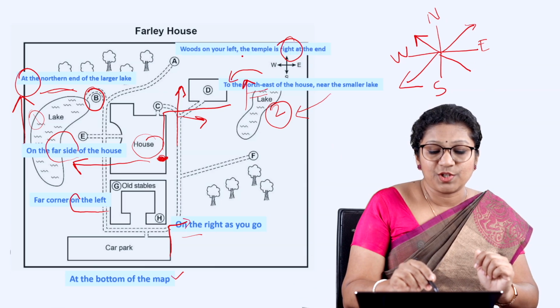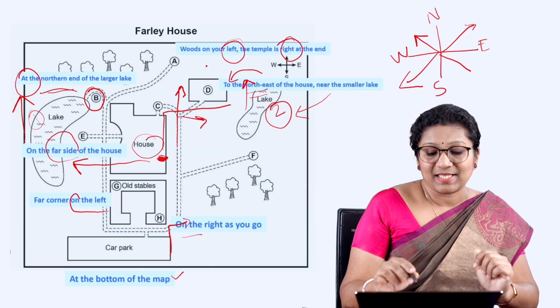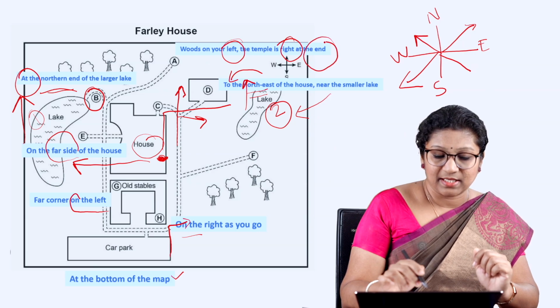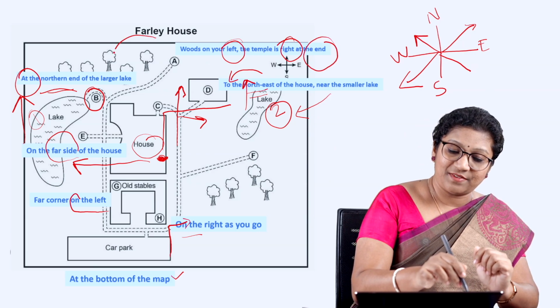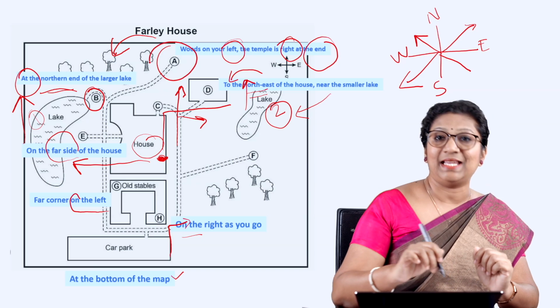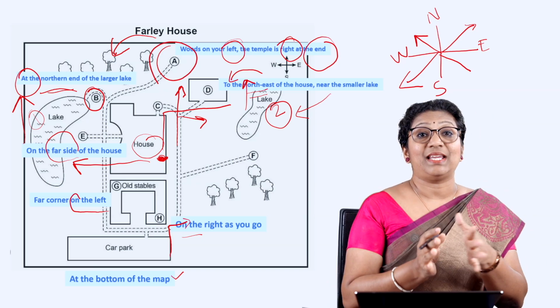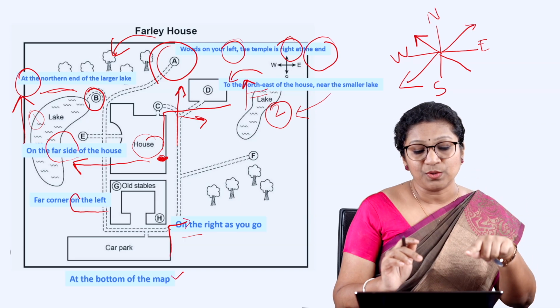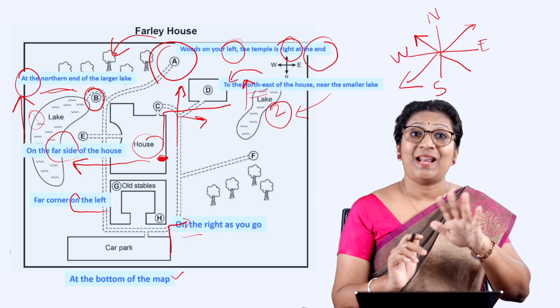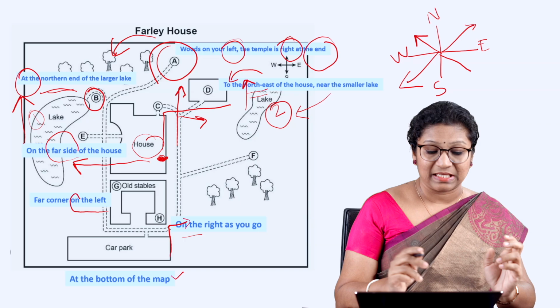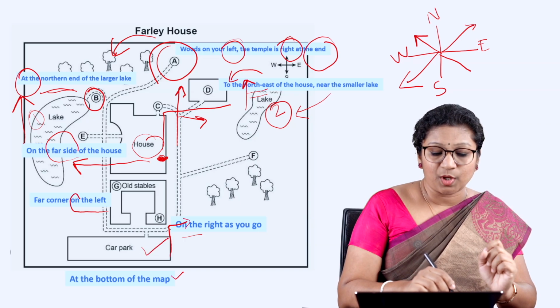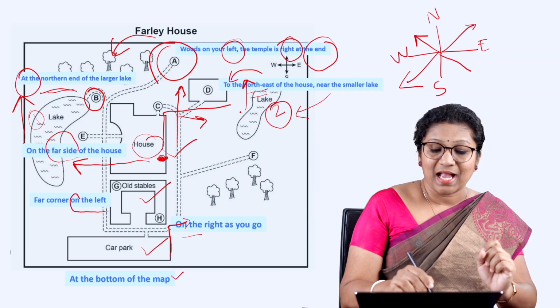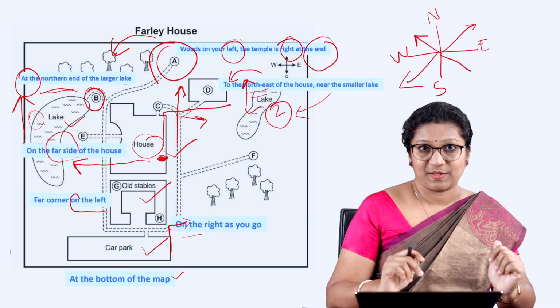Or you can see woods on your left, the temple is right at the end. You can see how these words guide us through the map, and it also uses certain fixed locations or landmarks given in the map. For instance, here the words car park, old stables, house and lake are fixed locations.